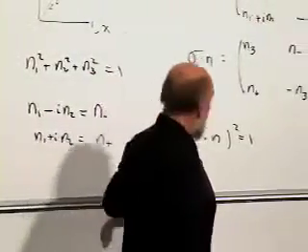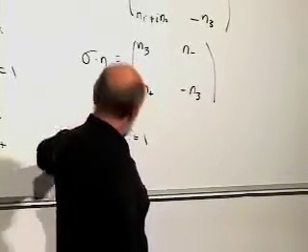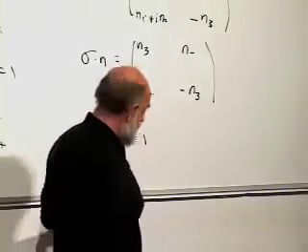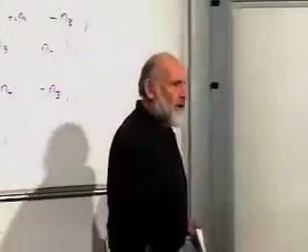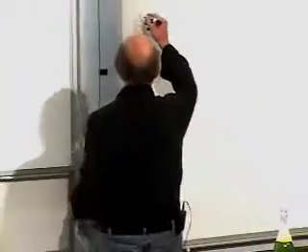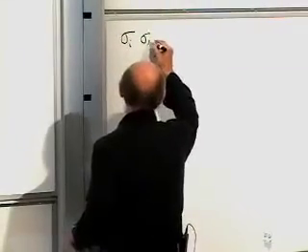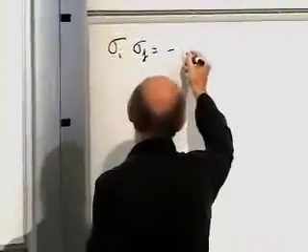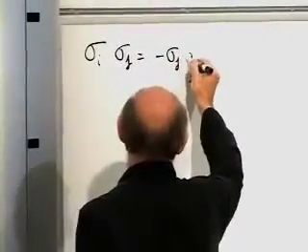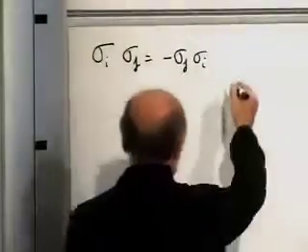Or you can check it from the properties of the sigma matrices themselves. Did I work that out last time? Yeah, and it follows from the fact that any one of the sigmas times any one of the other sigmas is equal to minus sigma j sigma i, for i not equal to j.